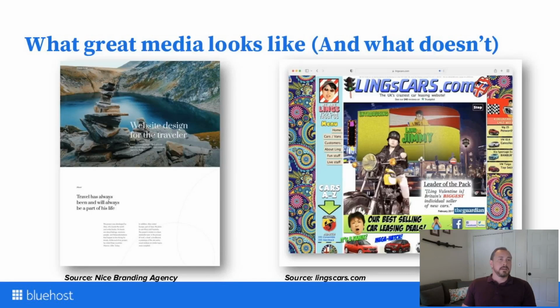So, what does a good site look like versus a bad site? This is always a fun one because, clearly on the left, we've got a nice, clean site with beautiful imagery, and the text and the fonts and everything go along with that as well. And then on the right, we have lingscars.com, which if you go to it today, it's actually not quite that crazy.